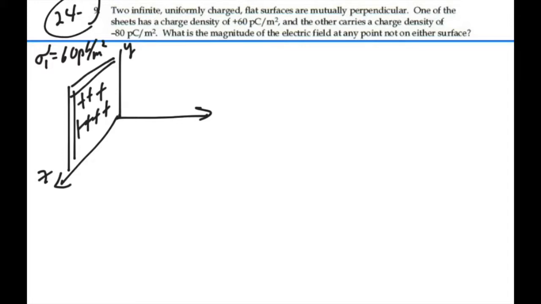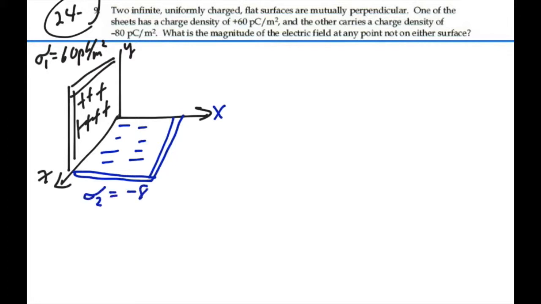Let's set up the other plane in the ZX direction. It's negatively charged, and the sigma for that, let's call it sigma 2, is negative 80 picocoulombs per meter squared.